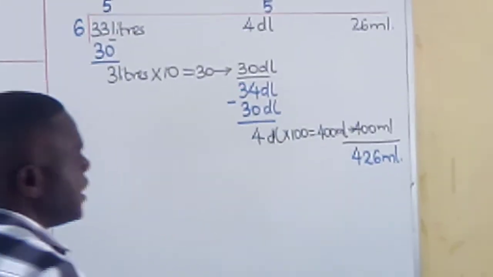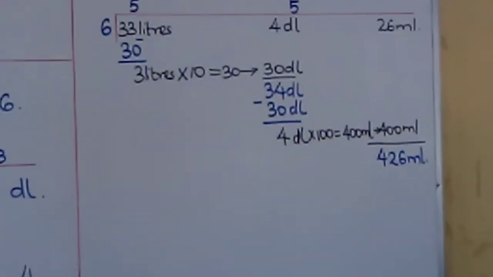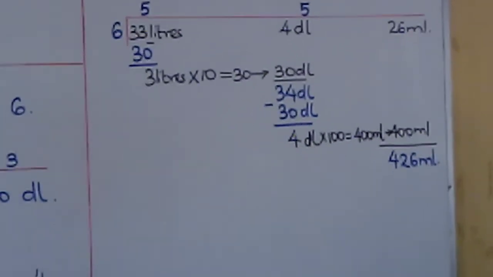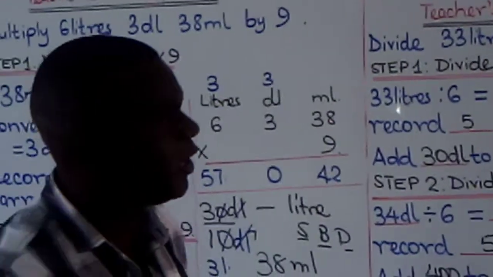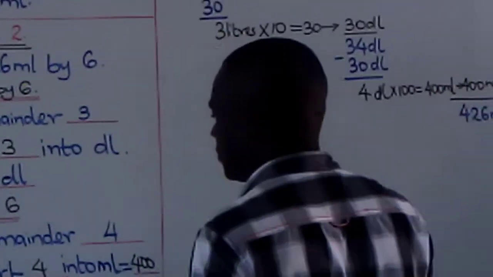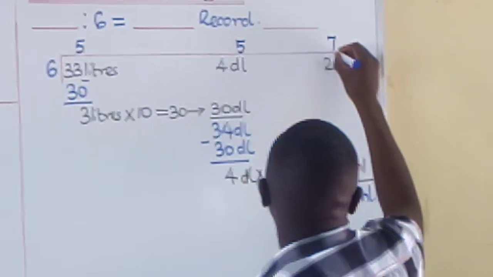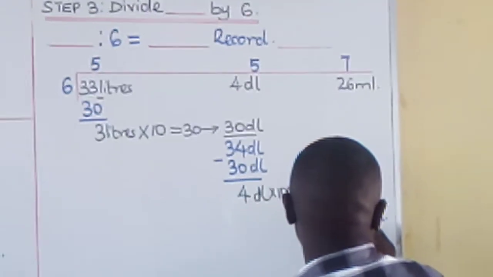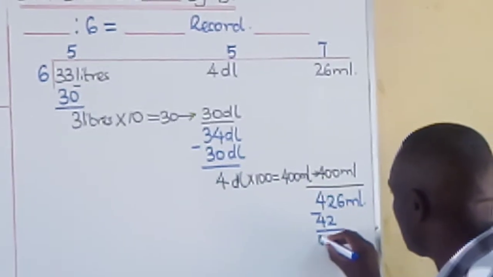Now, what is 42 divided by 6? 42 divided by 6, Michael. Very good. It is going to be 7 because of 42. So we subtract, and that is 0, 0.